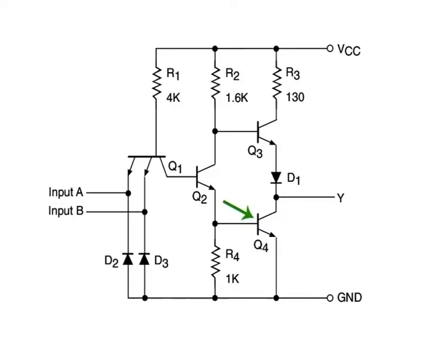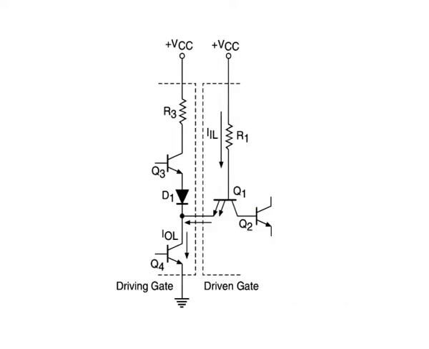This produces a logic low at the output with VOL being 0.4 volt maximum when it is sinking a current of 16 milliampere from external loads represented by inputs of logic functions being driven by the output. The current sinking action is shown in the figure here.